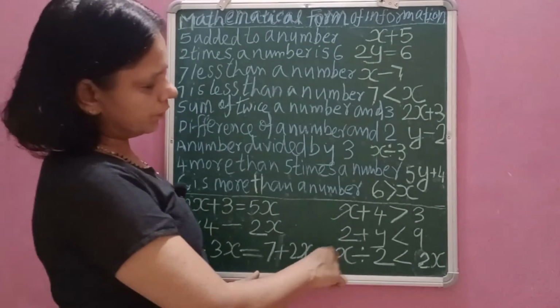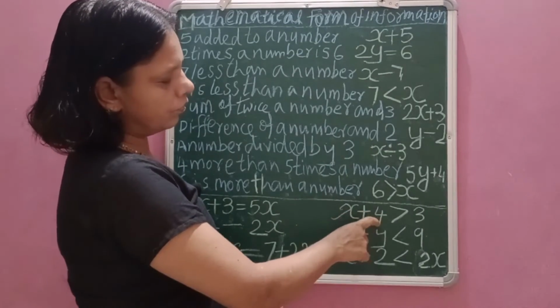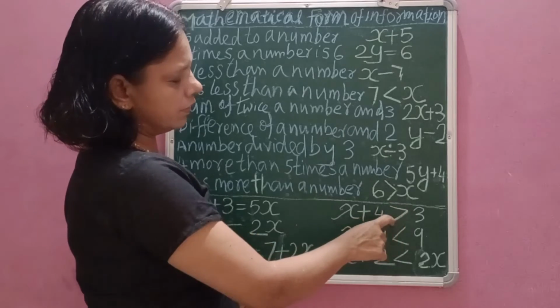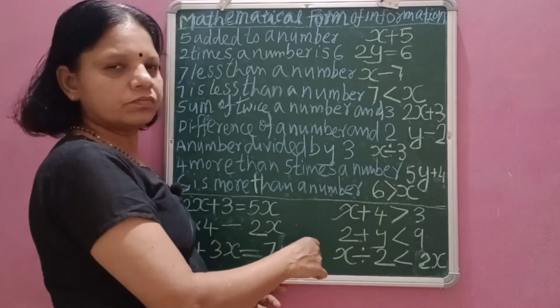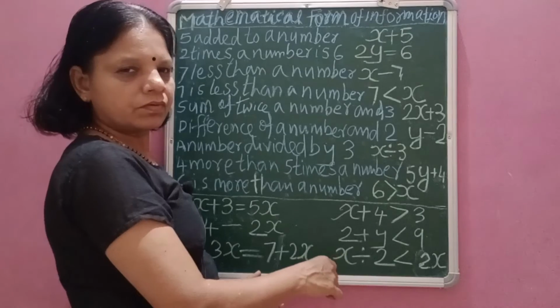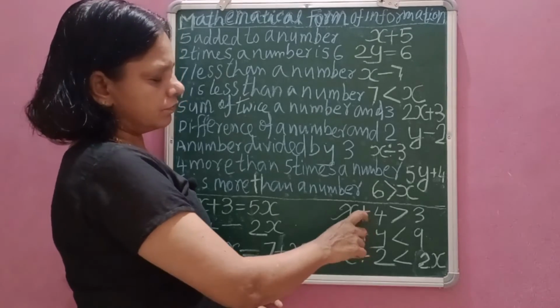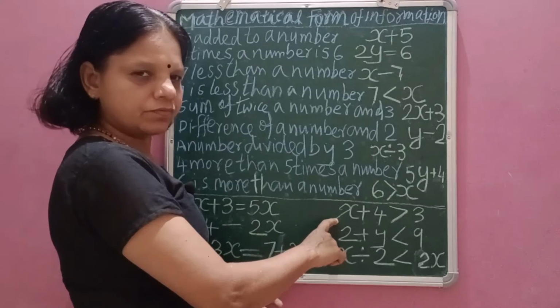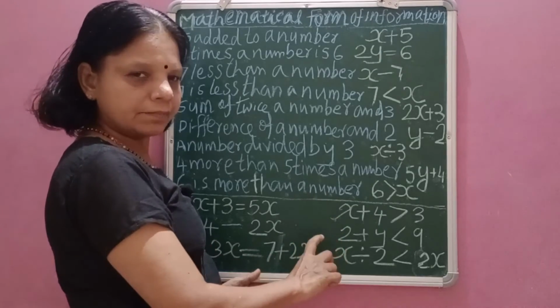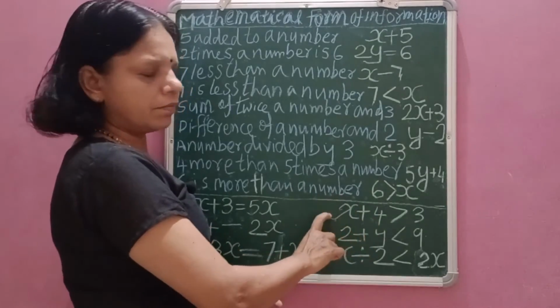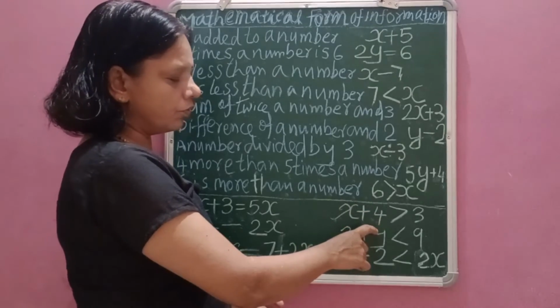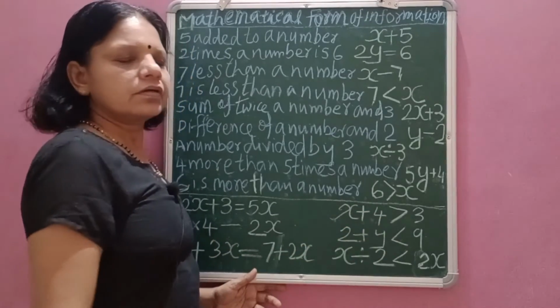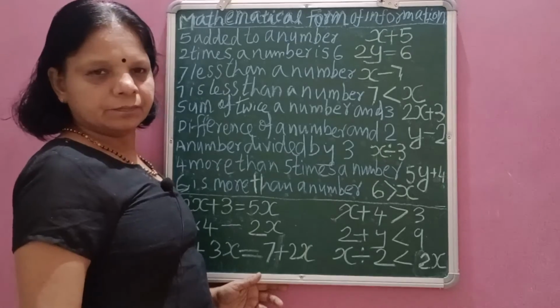Next one, x plus 4 is greater than 3. How you will write in the form of statement? Sum of a number, whenever x or y or any alphabet is there, you have to say a number. Sum of a number and 4 is greater than 3.